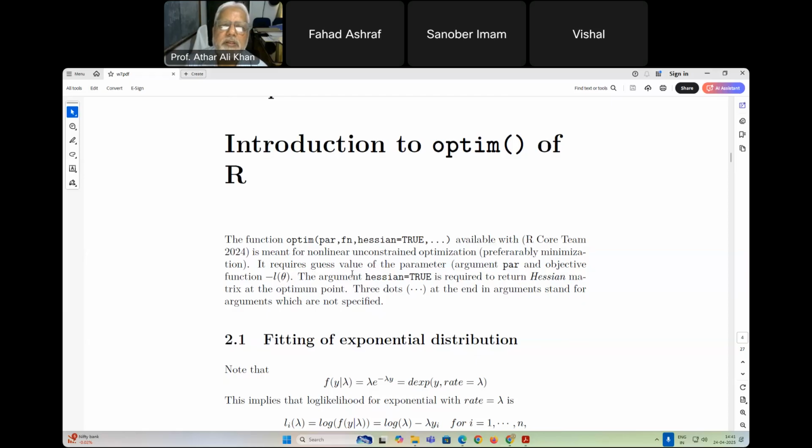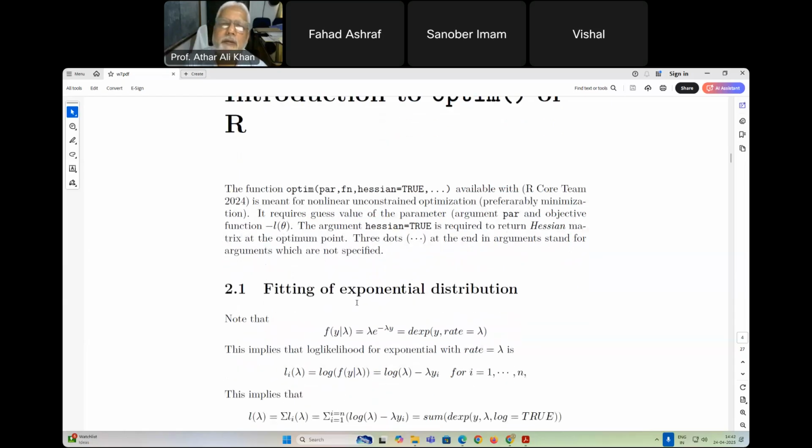It requires the value of the parameter, that is argument par, and the objective function minus L(theta). The argument Hessian equal to TRUE is required to return the Hessian matrix at the optimum point. The three dots at the end in the argument stand for arguments which are not specified.